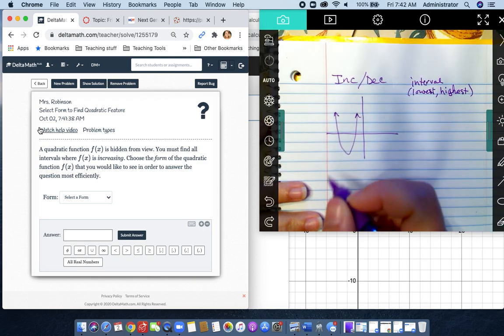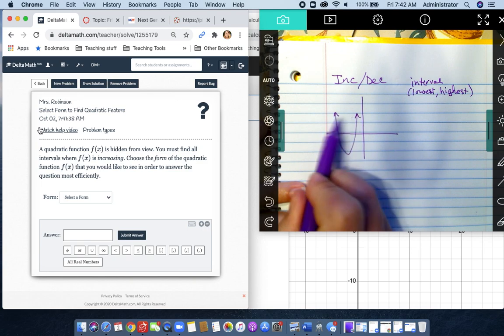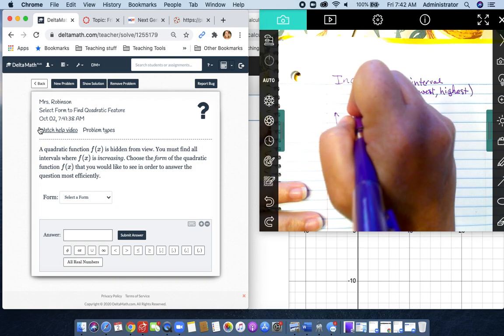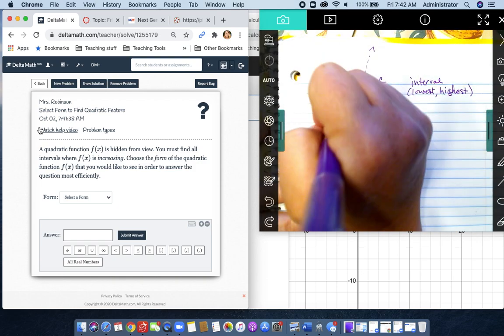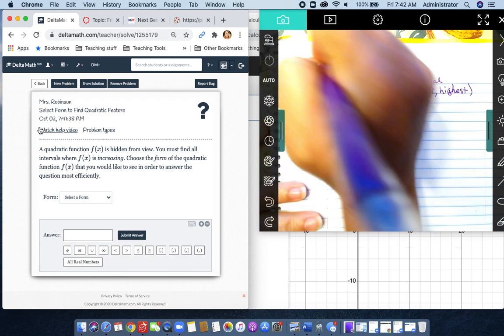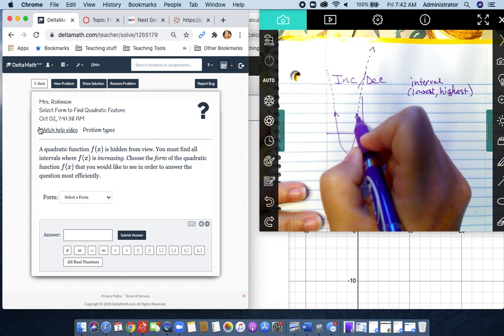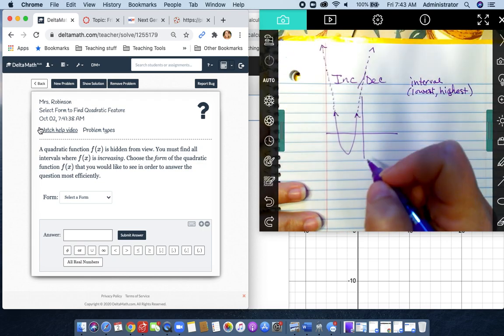One of the things I want you to understand is that while the ends of this parabola are only in quadrant 2, what's really going on is this thing is going left and right forever. Actually, this is going right and up forever, and this one is going left and up forever.